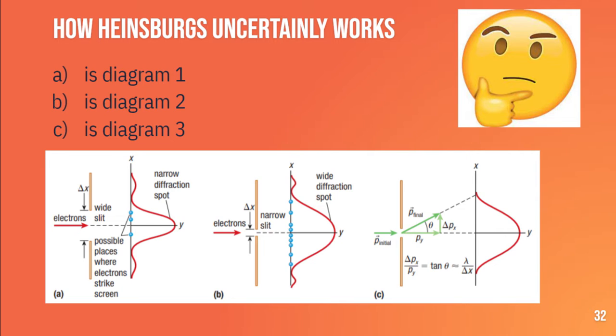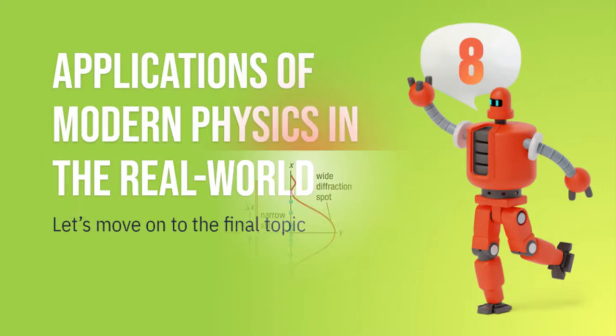The second diagram shows the opposite, and the third diagram shows the spreading of an electron wave as it passes through a slit. That gives way to relate the uncertainty in the electron's position, delta x, to the uncertainty in momentum, delta p.